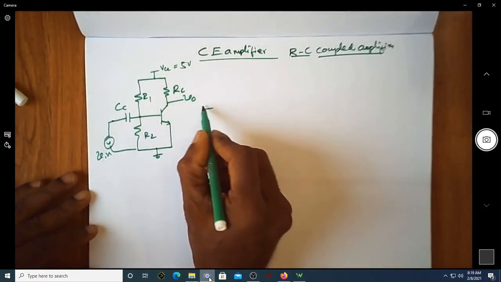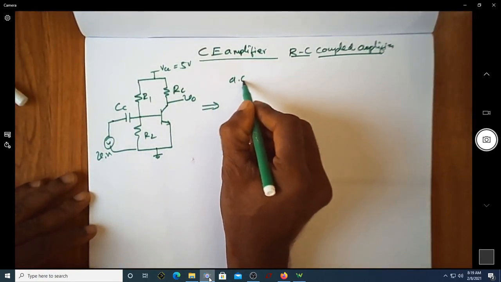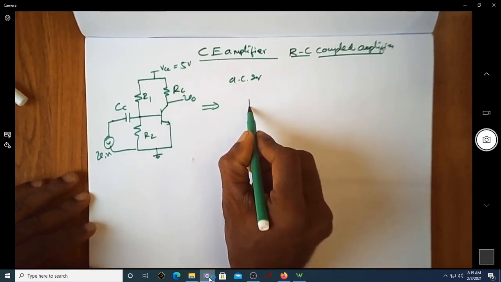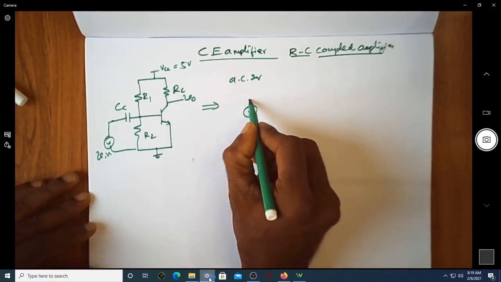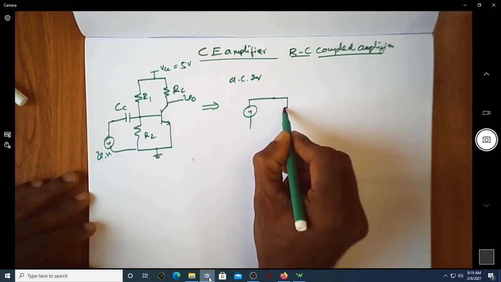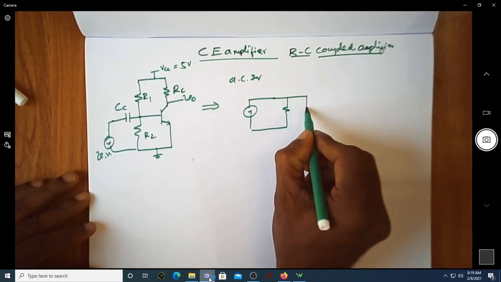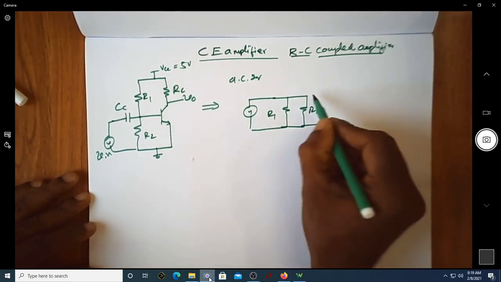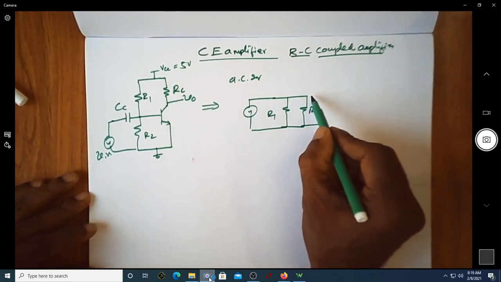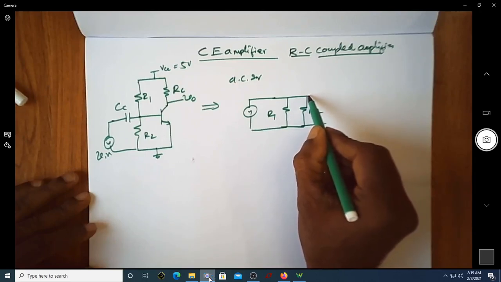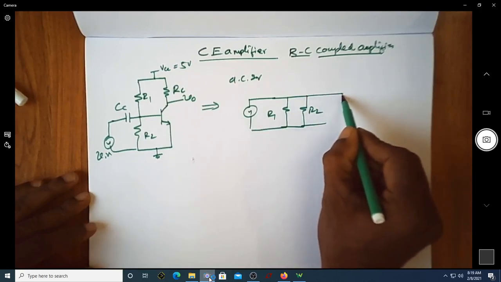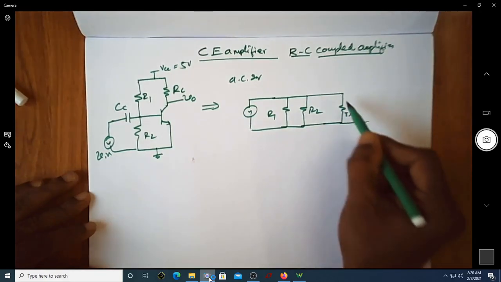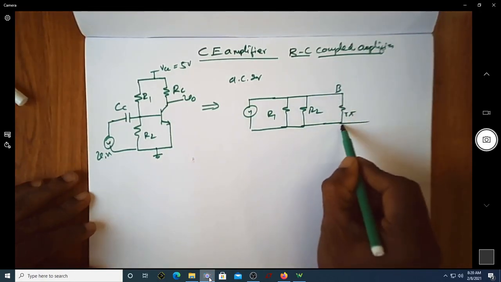So we can write the AC equivalent circuit of this particular amplifier. I can short circuit that coupling capacitor. I can write R1, R2 coming in parallel here. Then I can write the AC equivalent circuit of the BJT, which has a resistance r pi between base and the emitter.